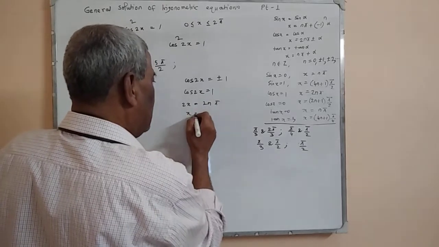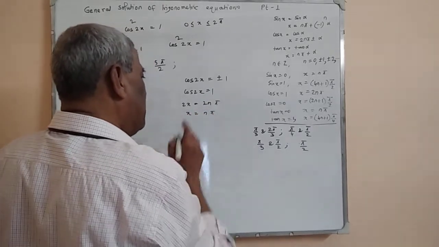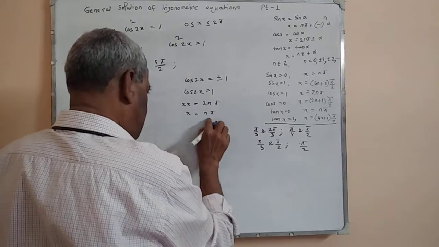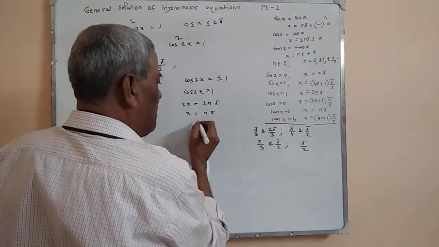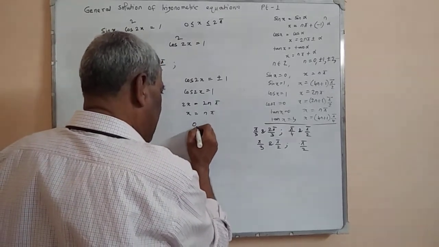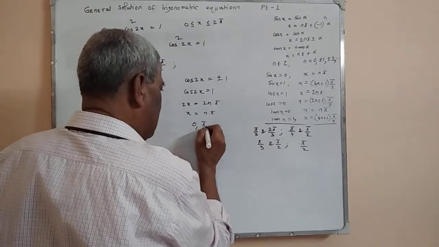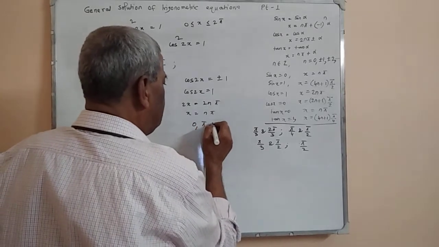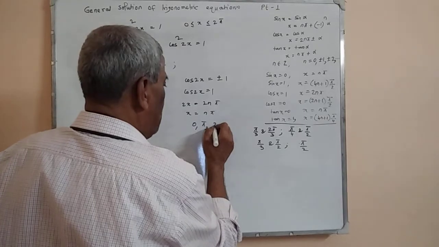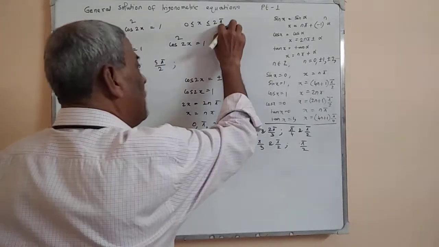That is x is equal to n pi. N pi means number 1 is 0, number 2 is pi, number 3 is 2 pi, and 2 pi is also possible.